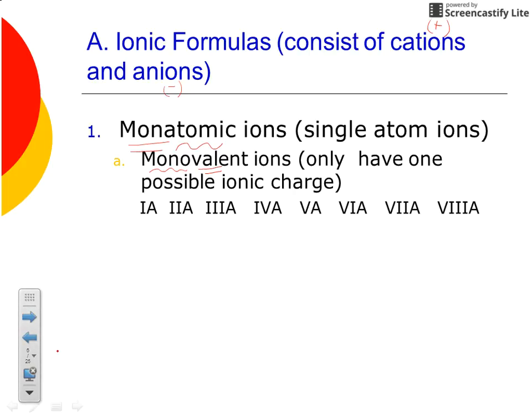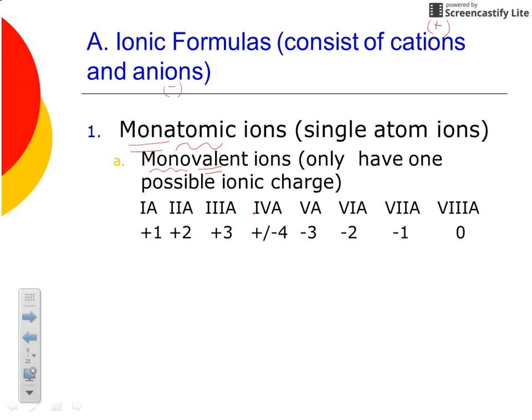The good news is we already know which elements are monovalent ions. We learned in the last unit of a pattern that our representative elements follow. As a general rule of thumb, all the 1A's form a +1 charge. The 2A's form a +2 charge. The 3A's are going to lose 3 electrons and form a +3 charge when they form their ion.